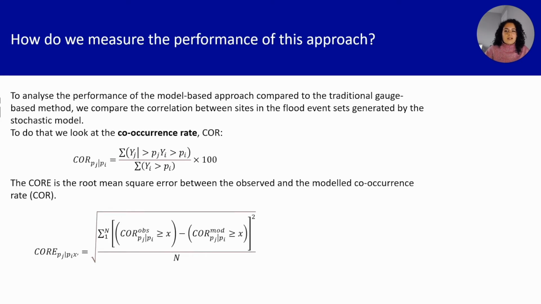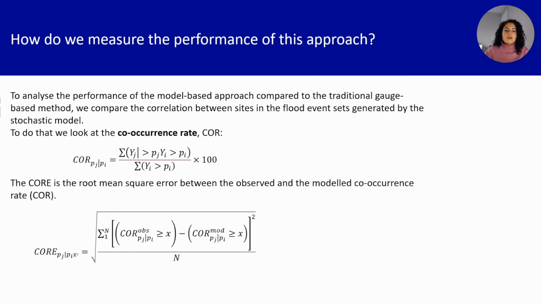This can be calculated with different return periods and different thresholds. But for example, if we were looking at the COR 5-20, that would be the probability that the neighbors of a certain conditioning site experience at least a 20-year flow while the conditioning site is experiencing a 5-year flow.